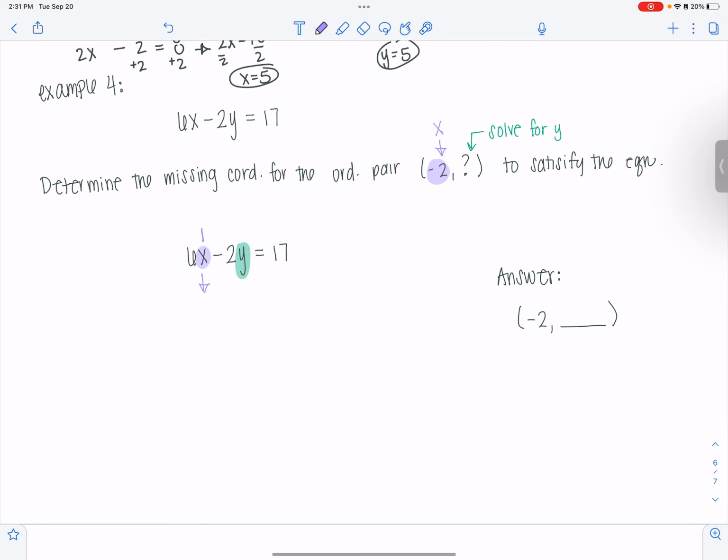And so I'm going to fill in x equals negative 2, which is going to give me this equation. Notice I'm not filling in y because that's what I'm looking for. I don't know y. 6 times negative 2 is going to give me a negative 12. Carry everything else down. Add 12 to both sides.